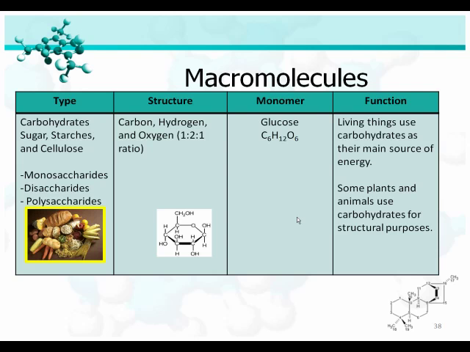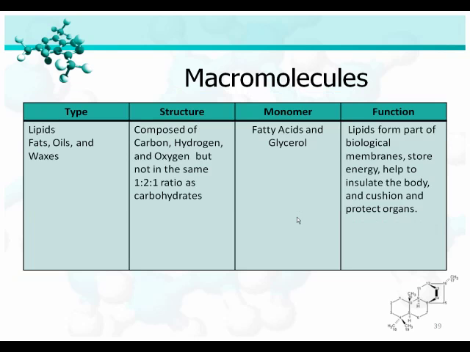Let's look at the function. Living things use carbohydrates as their main source of energy. Some plants and animals use carbohydrates for structural purposes. The second type of macromolecules would be your lipids. Lipids include fats, oils, and waxes.